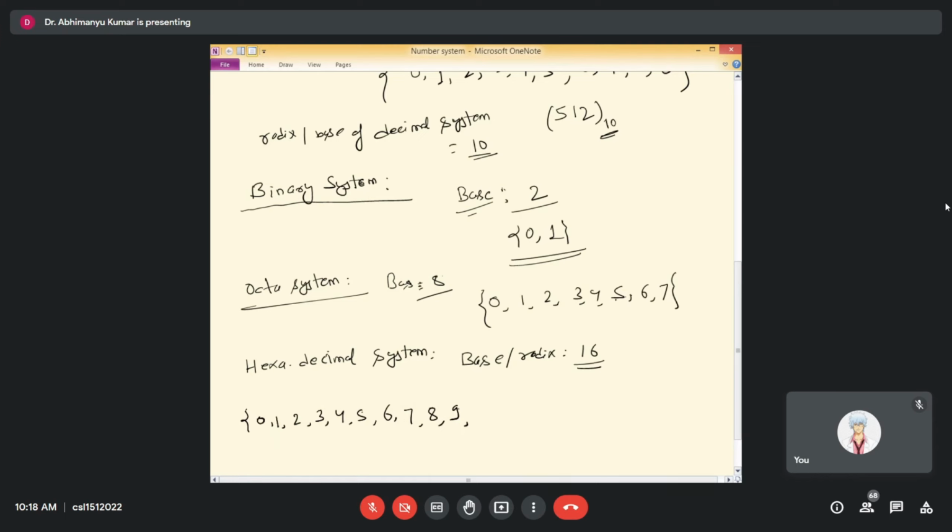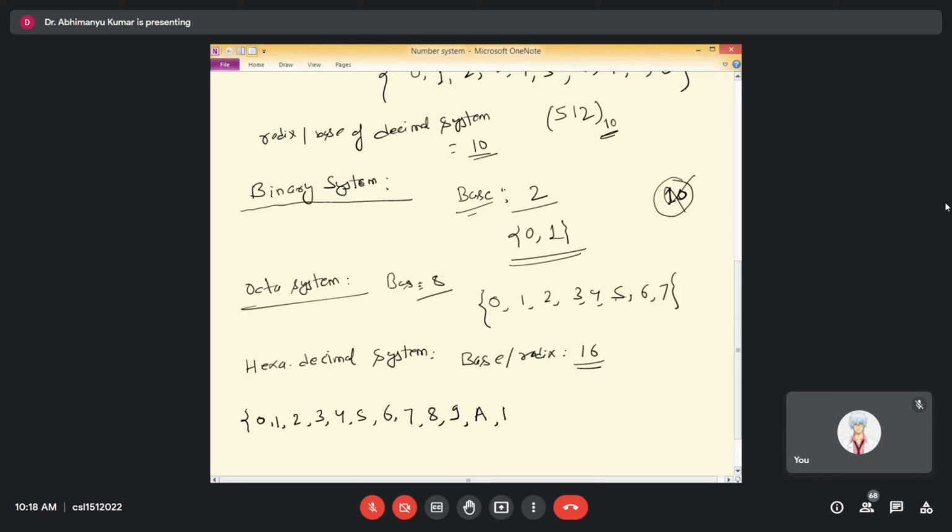Now we have another symbol which is equivalent to 10, but it is only one symbol. Just as we represent 10 in the decimal system using two symbols, 1 and 0, in this system we can represent 10 using just one symbol, and that is A.